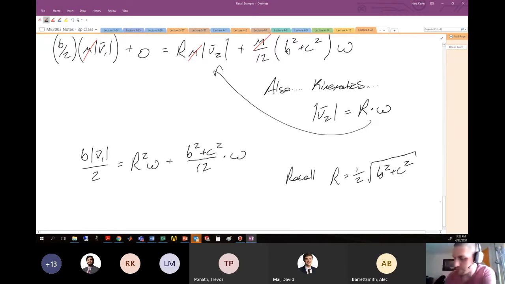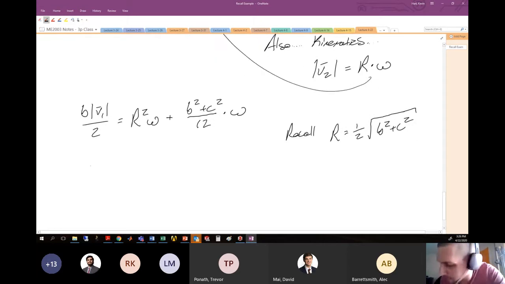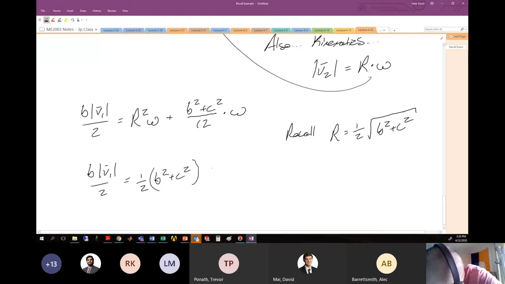Make that substitution. b on 2 magnitude V1 equals 1/2 B squared plus C squared times omega plus 1/12 B squared plus C squared times omega. Rearrange this and solve for omega.